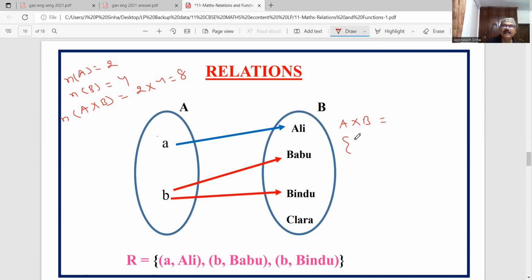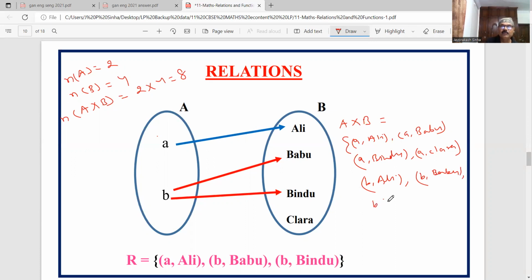See here. So this will be A Ali, then A Babu, then A Bindu, then A Clara, then B Ali, then B Babu, then B Bindu, and then the last element will be B Clara.